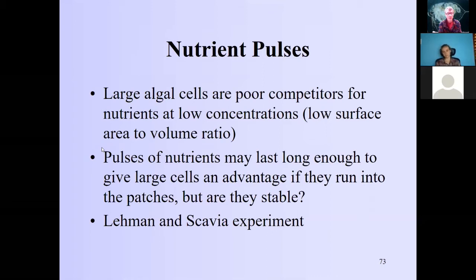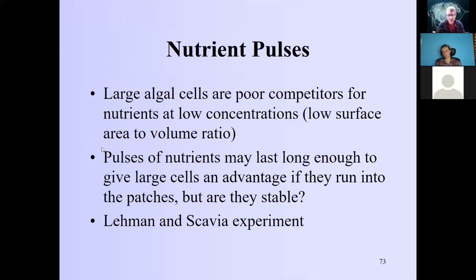One of the things that led to looking at this is the idea that large algal cells are poor competitors for nutrients because they have a low surface area to volume ratio, right? They can't pack as many, let's say, phosphate uptake proteins on their membranes if they have a relatively small amount of surface area to the entire volume of that cell.